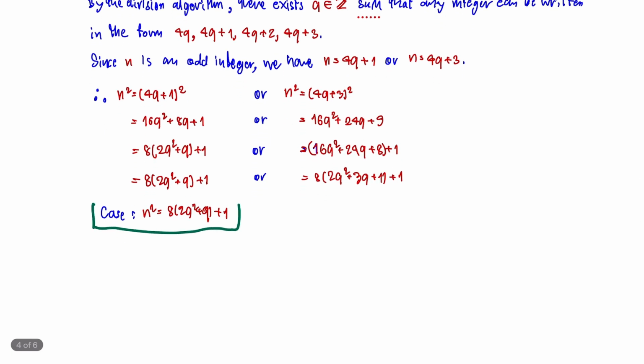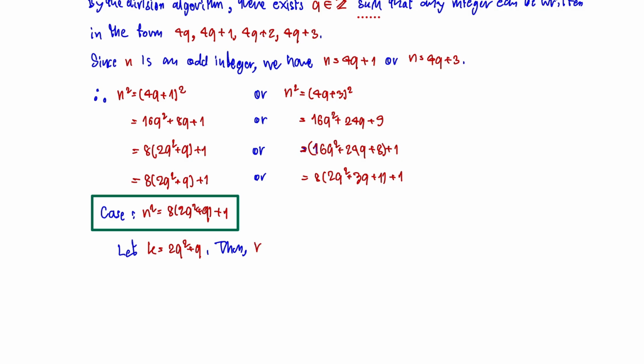In this case, we can choose k to be 2q squared plus q. Then we have n squared equal to 8k plus 1. Now, what about the other case?